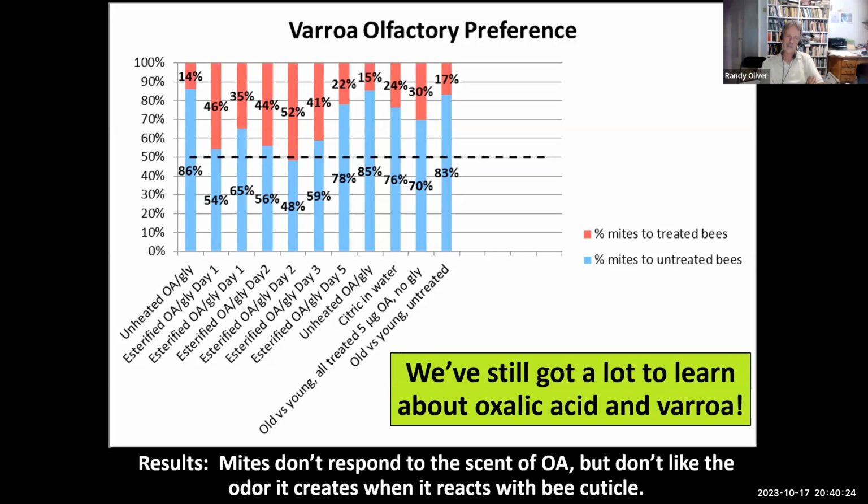What's interesting, one of the ones I did is I allowed worker bees to walk across a 3-inch strip of oxalic acid and glycerin on cardboard and then collected them. So they had one walk across. So they would just barely get it on their feet, not on their bodies.